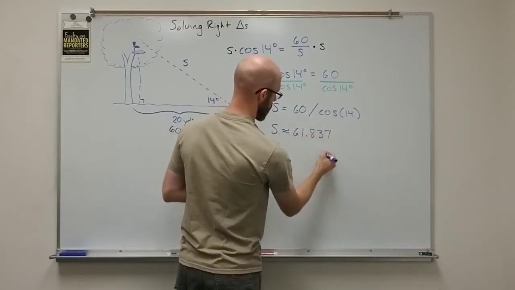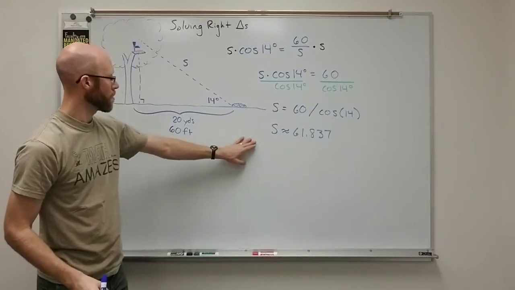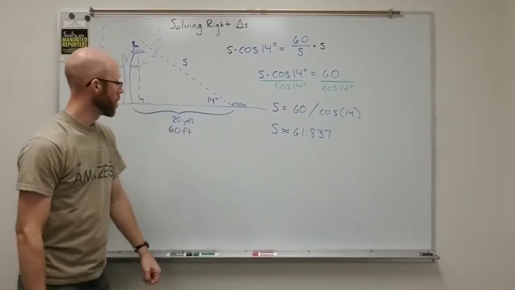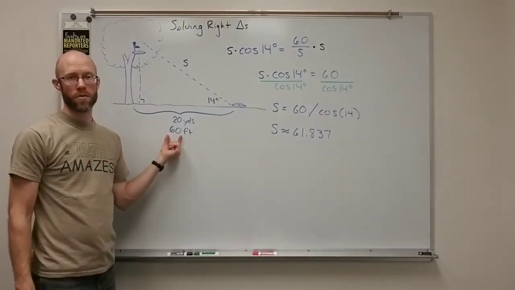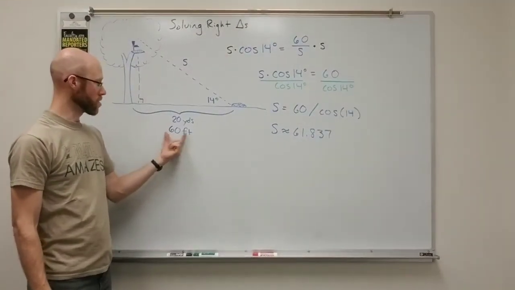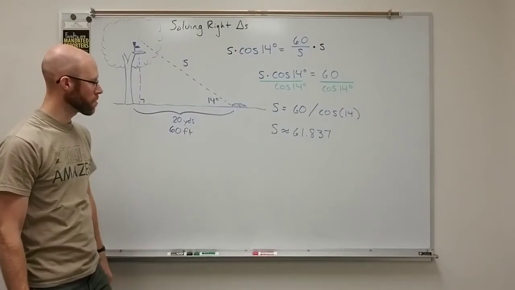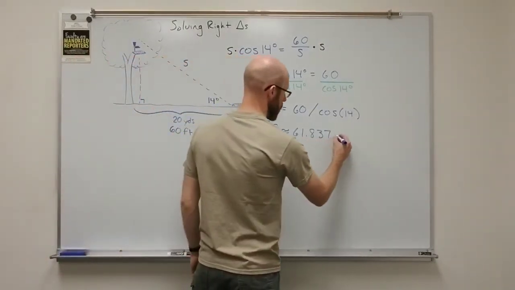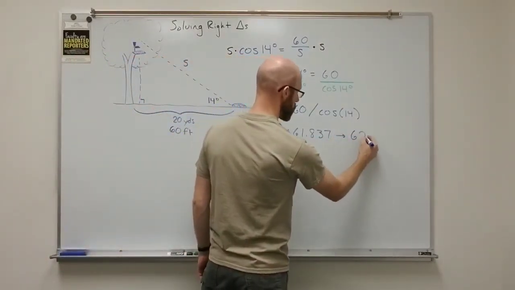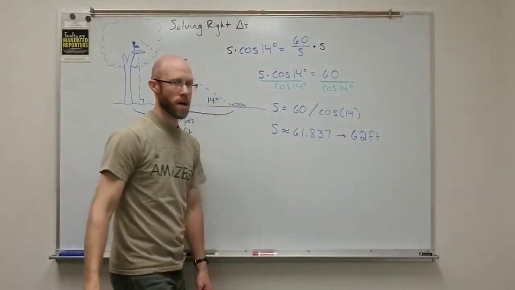Of course, I would probably round this off to the same number of significant figures as in the original, so probably no decimal places here. I just leave it to the nearest whole number. And so I'd probably call this 62 feet, okay?